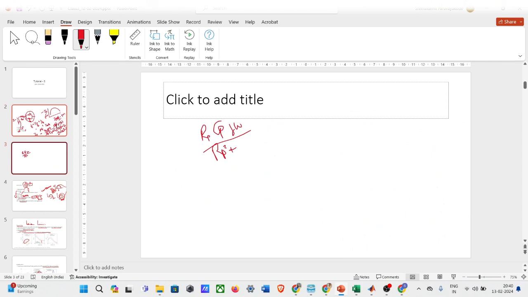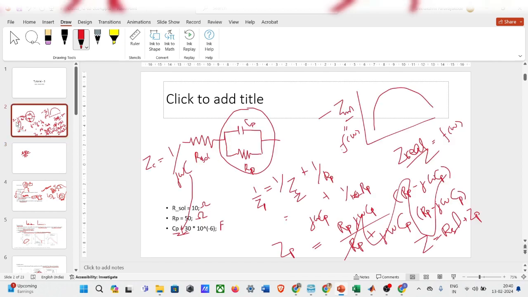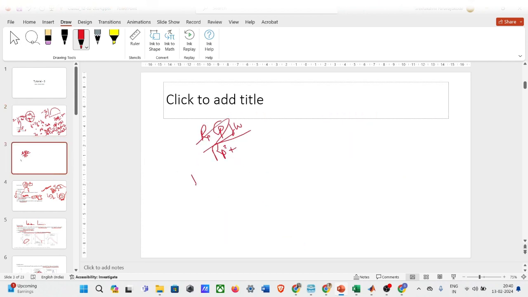Please do it on your own, then I'll also discuss. Is it Rp upon Rp j omega c? It is j omega c plus 1 by Rp, which is equal to the parallel resistance, right?